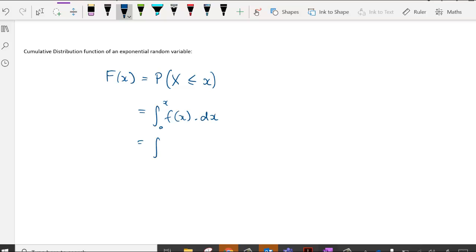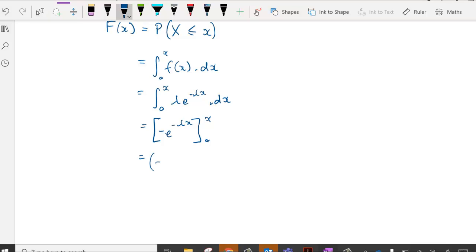So we're looking at the integral between x and 0 of lambda e to the negative lambda x with respect to x. And that means we're looking at negative e to the negative lambda x between x and 0. So what we've got is negative e to the negative lambda x, and then subtract negative e to the power of 0. So negative e to the negative lambda x plus 1, or 1 subtract e to the negative lambda x. Now this should simplify our process a lot.